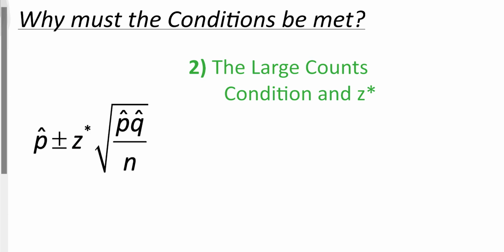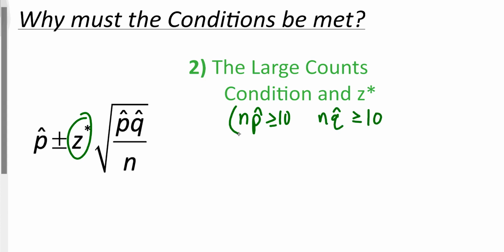So the large counts condition has to do with this guy right here. Remember, n times p, in this case we'll use p hat, greater than or equal to 10, and n times q hat greater than or equal to 10. Those two things allow us to assume approximately normal distribution.